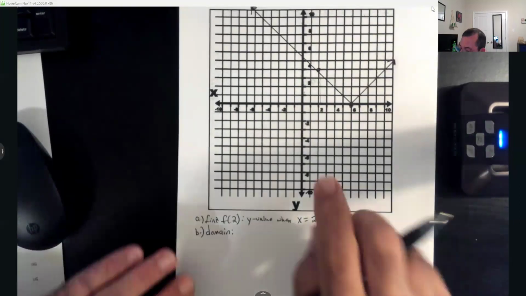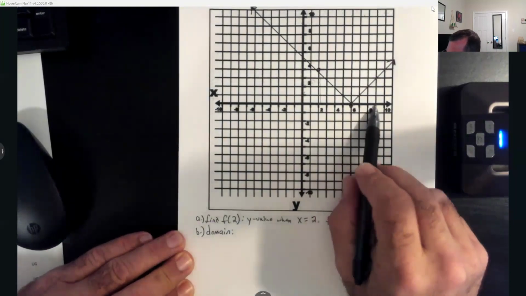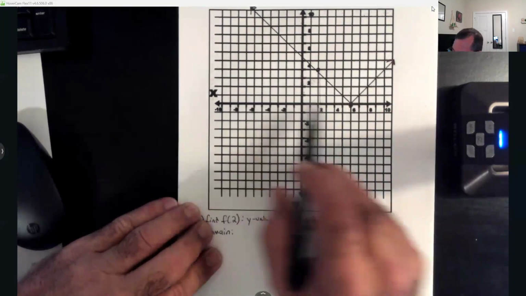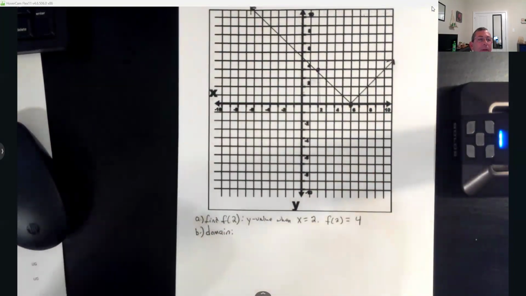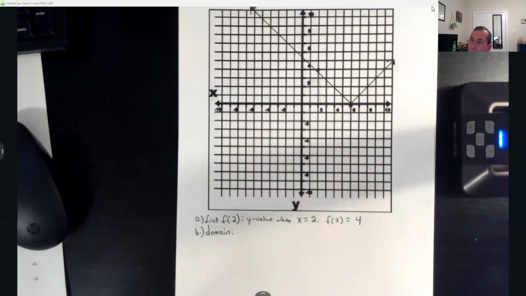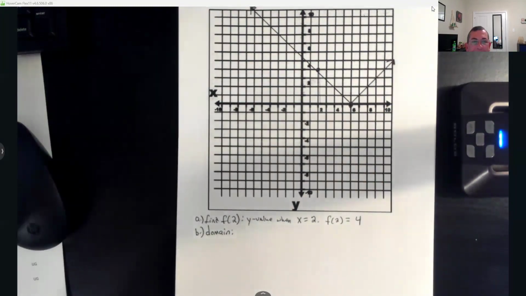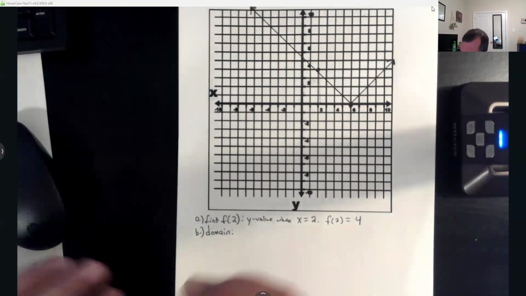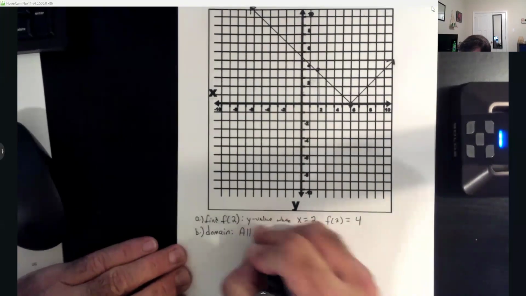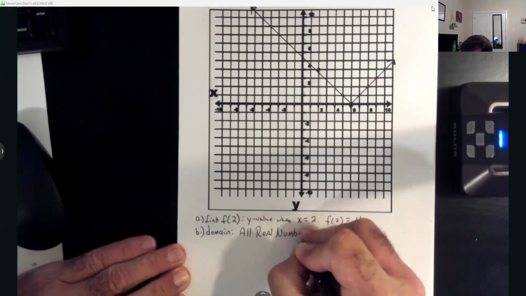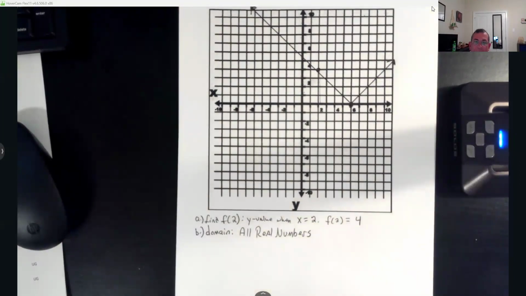Since those lines go forever, look at these x's. As you go to the right, it's covering all those. As you go to the left, it's covering all those. So when a graph goes on forever in both directions, we say that the domain is all real numbers.